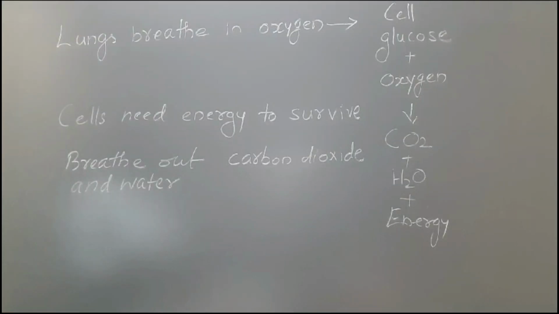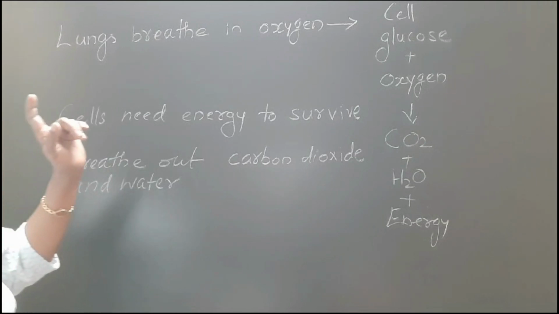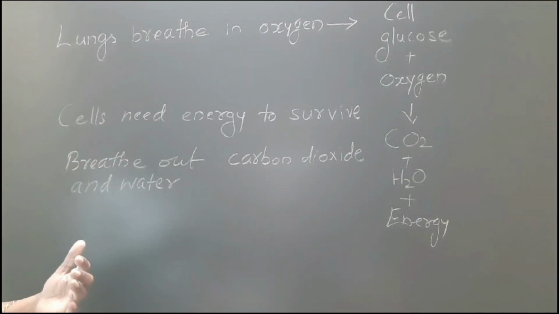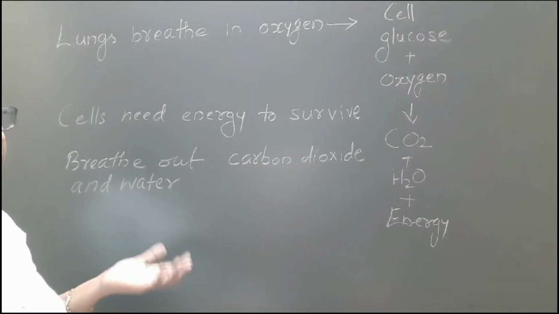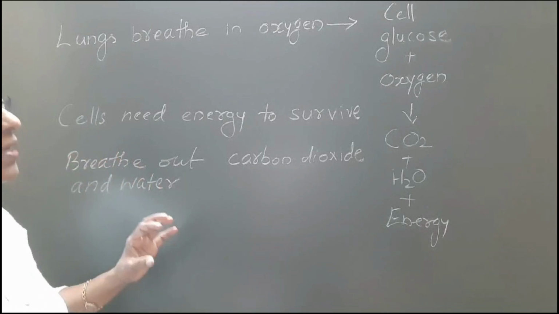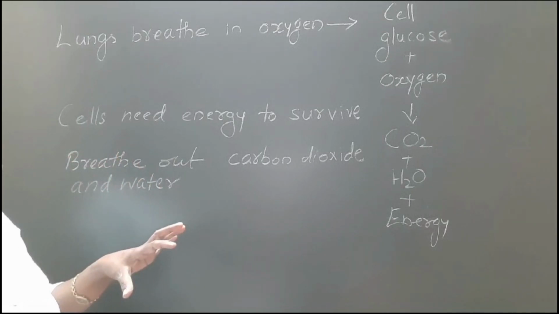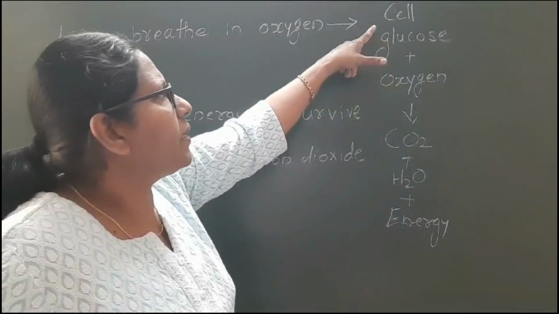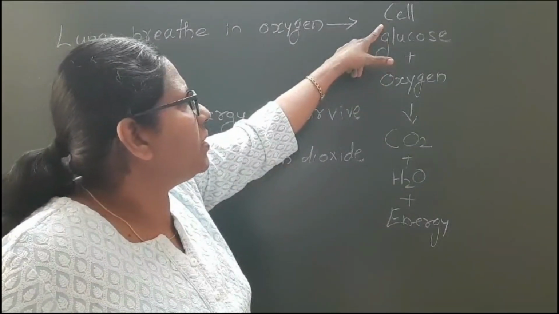I want all of you to pay very close attention. In the previous lesson, the digestive system, we already learned that after the digestion of food, the nutrients are absorbed in the small intestine and get into the bloodstream. The blood carries the nutrients all over the body to all the cells.